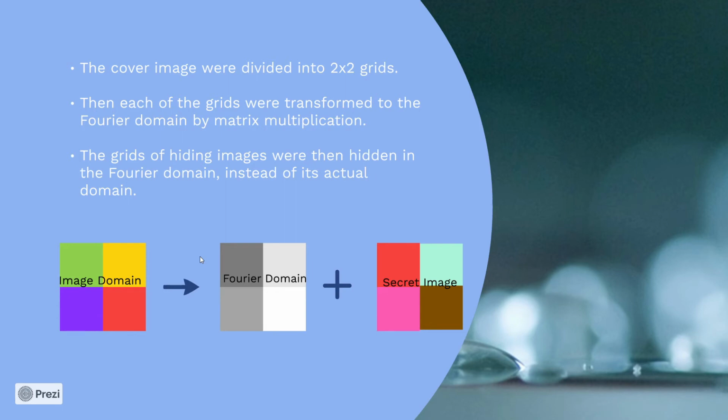When we repeat the whole process for all the 2 cross 2 matrices, the matrices we get after the inverse Fourier transform form the container image, and that looks almost similar to the host image. As we'll see in the results, the host image and the container image look almost similar in the FFT based approach as well, and the same is the case with the other two approaches.